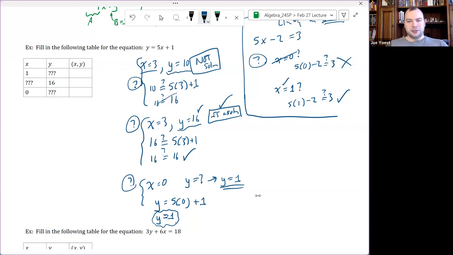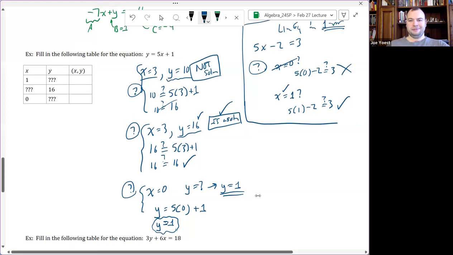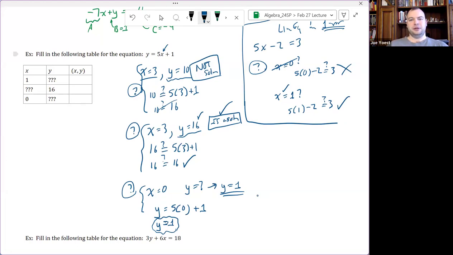So if I make a choice for the value of one variable, if I choose a number to plug in for x, like x equals 7, what that yields in the other variable is a one variable linear equation that I can solve for that other variable.